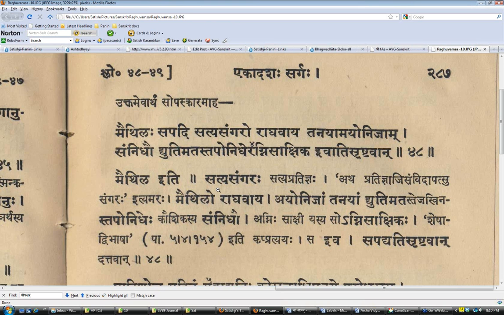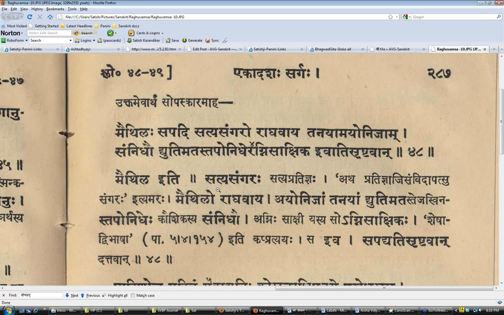Okay. Now let's start from the beginning. It's a kind of straightforward verse. We can go quickly. Satya sangaraha, satya pratijnaha. What kind of compound is this? Tell me why is it so? Look at the paryaya shabda he has given. Satya pratijnaha. What kind of compound must that be?